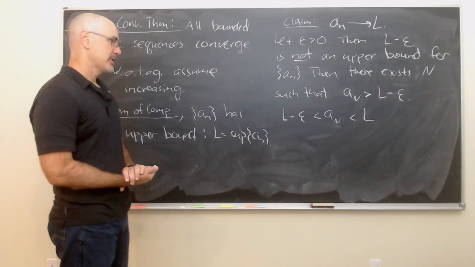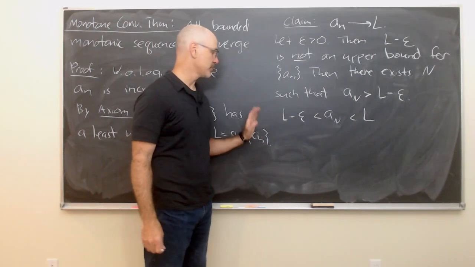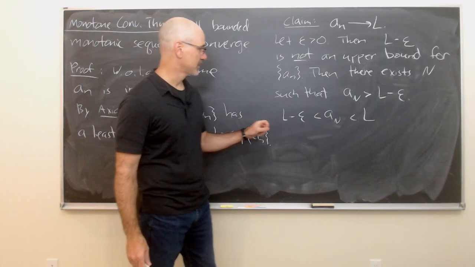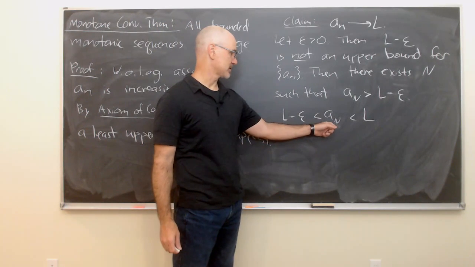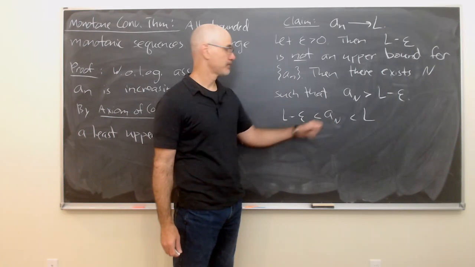Now this is pretty much it. We've used the fact that a sub n is bounded. Now we bring in the second hypothesis, that a sub n is increasing.